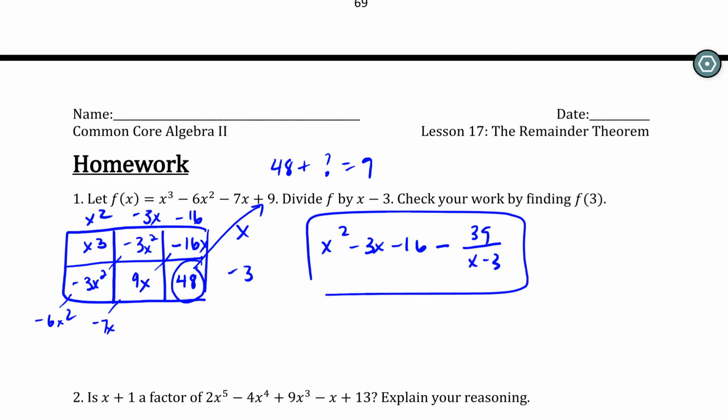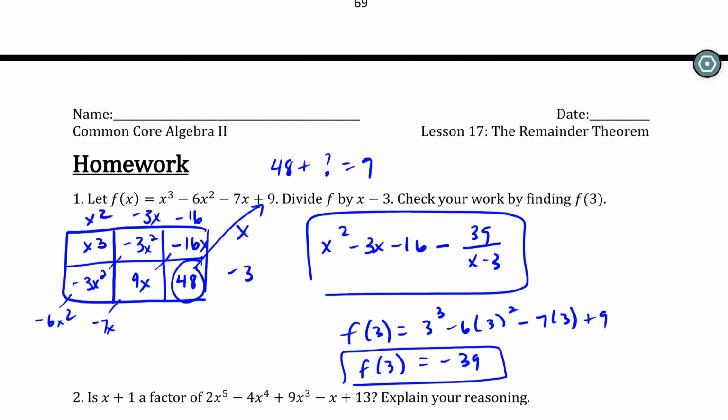Now, if I go through and find the value of f of 3 using the remainder theorem, I'm going to do 3 cubed minus 6 times 3 squared minus 7 times 3 plus 9. Well, notice that also comes out to be negative 39. Kind of like a check.